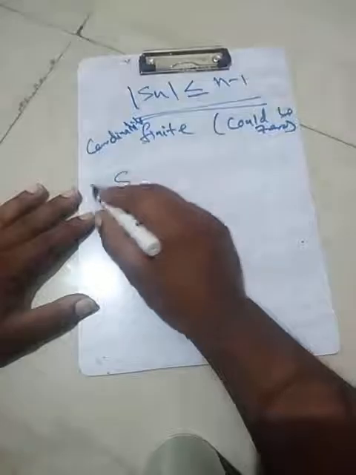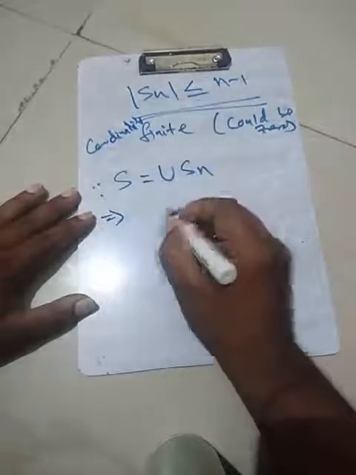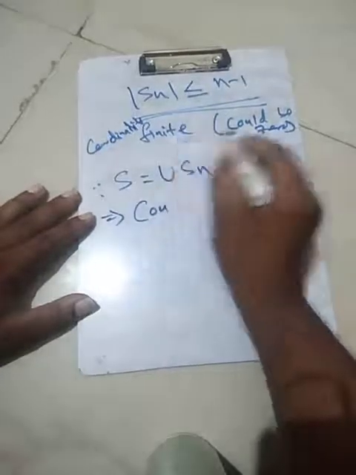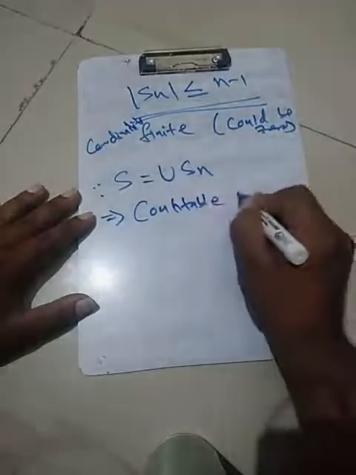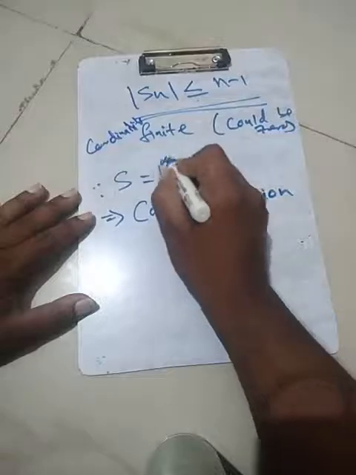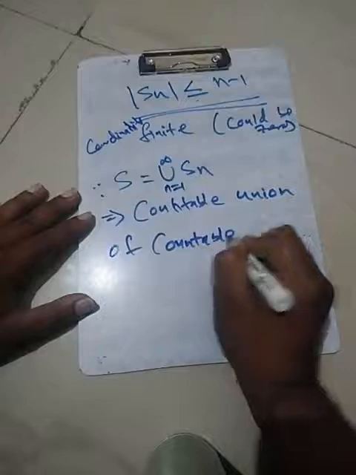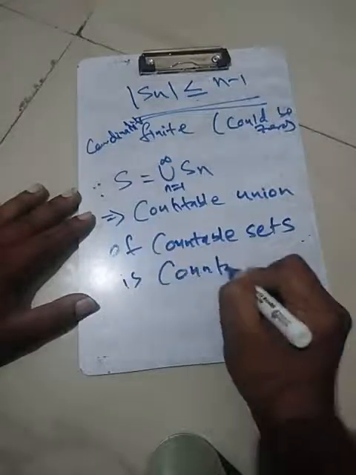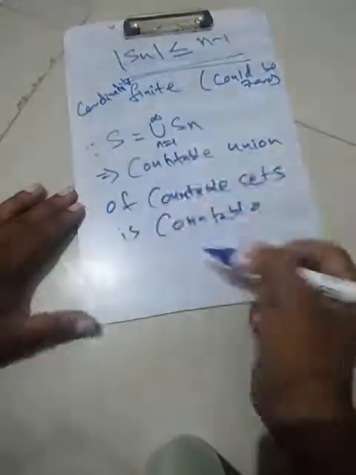Since we have shown S is the union of Sn, we'll use the fact that a countable union of countable sets is countable. Finite is also a countable set. So if each of the Sn is empty, then S is of course empty.